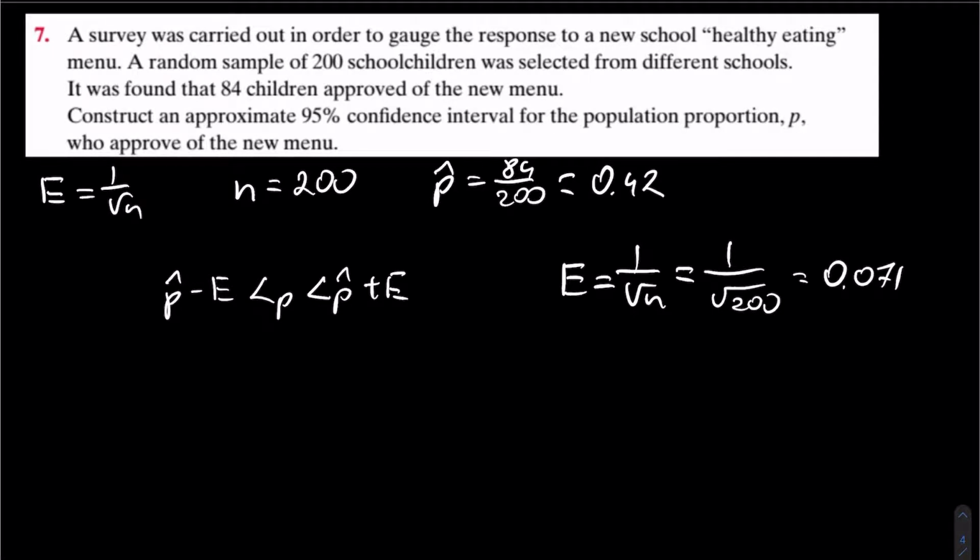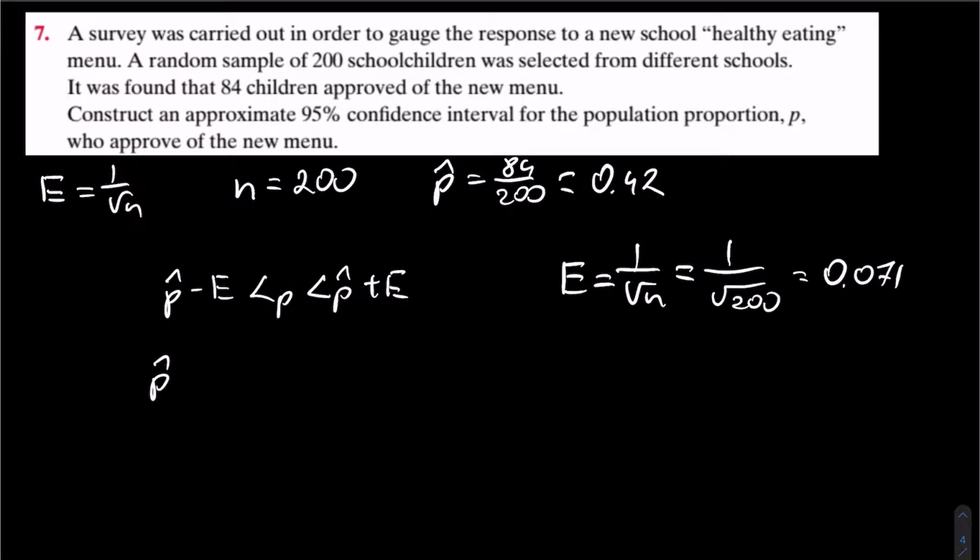So substituting the values in, I get p hat minus 0.071, less than p, less than p hat plus 0.071.